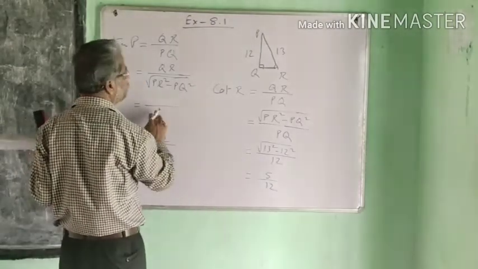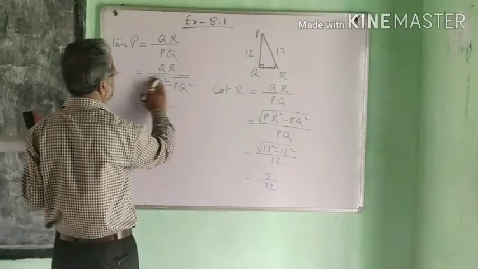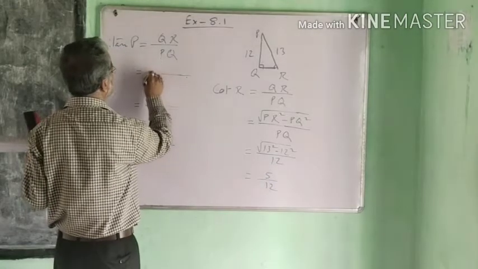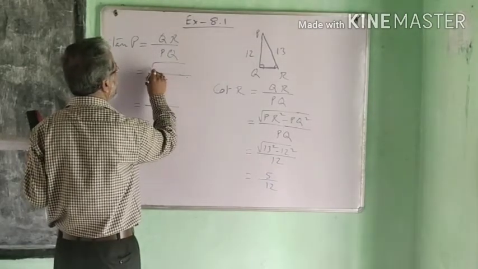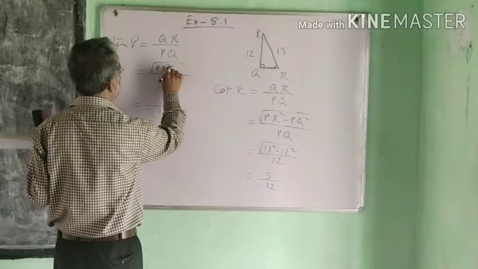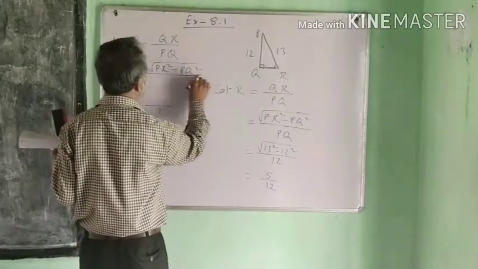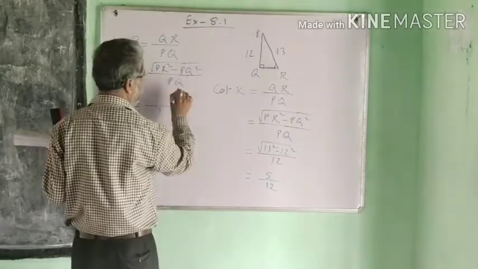This one, sorry, should be root over PR square minus PQ square divided by PQ.